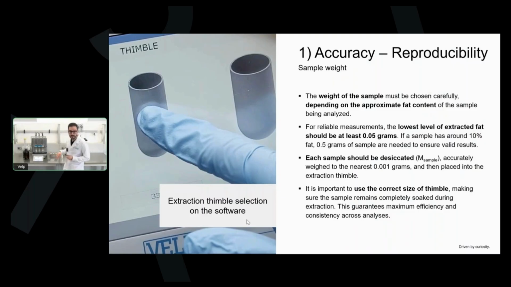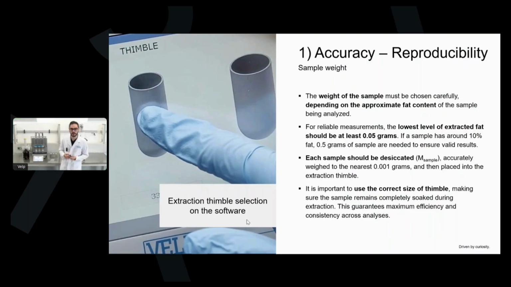Then, after the drying and the transfer inside a desiccator, we can weigh the extraction cap when it is cooled. After the cooling process, we can take the weight in an accurate way on a 4-digit or 3-digit balance, and then we can transfer the extraction cap into the instrument.